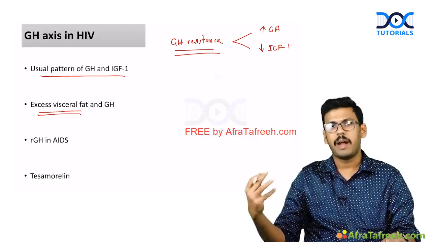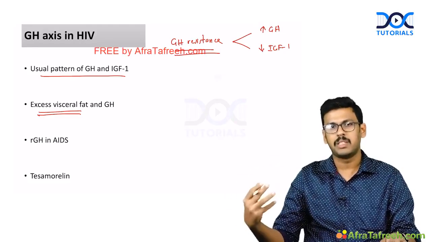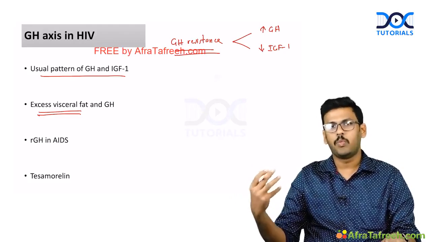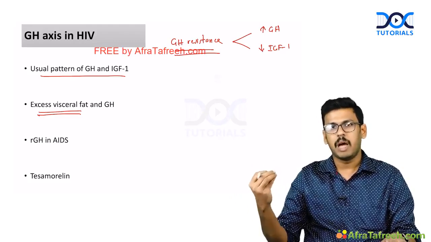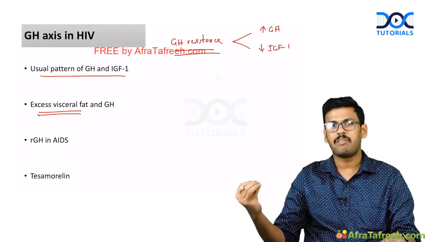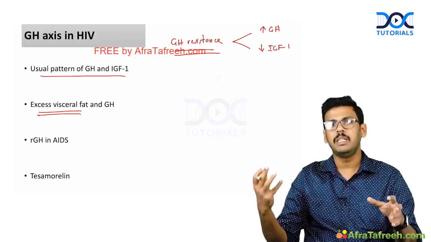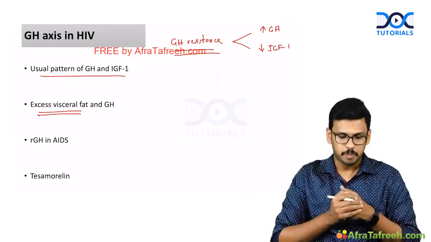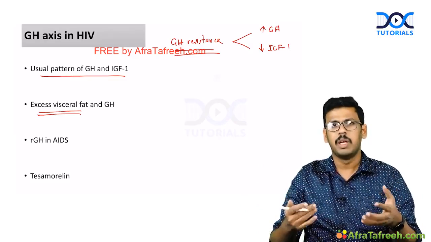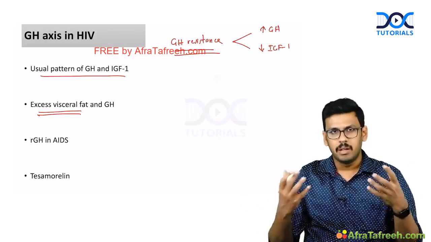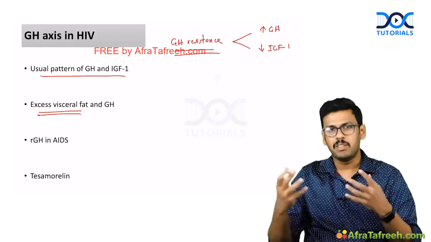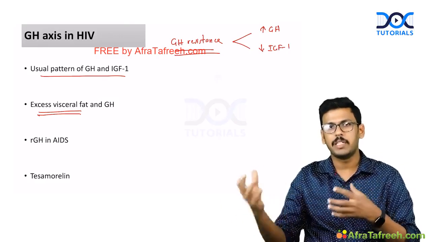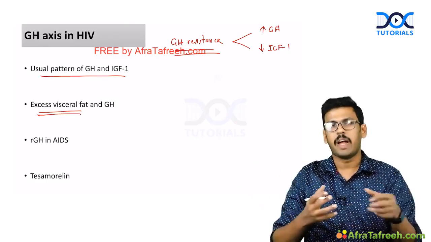The subcutaneous fat in the arms, legs, buttocks, everything will be lost, and what remains will be some of the abdominal fat, visceral fat, and sometimes fat in the nape of the neck, which could mimic a Cushing syndrome like situation. So in such patients, the beneficial subcutaneous fat will be lost and the visceral fat will remain.